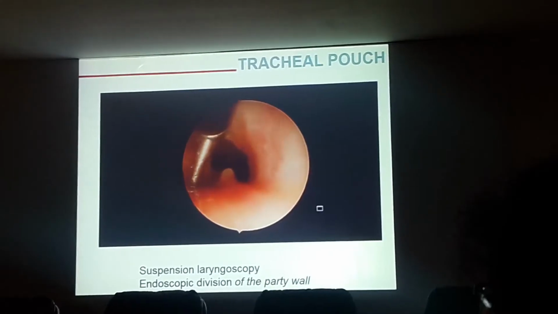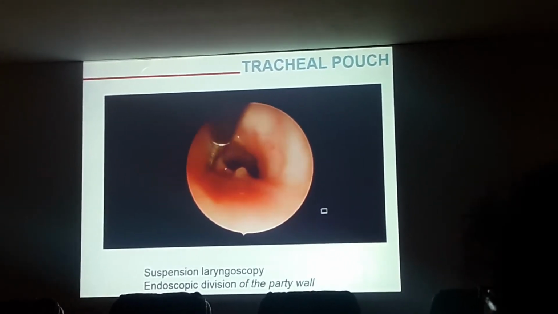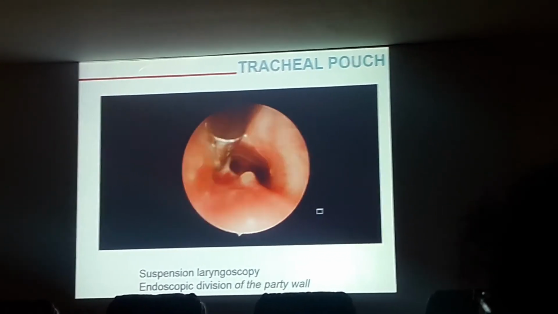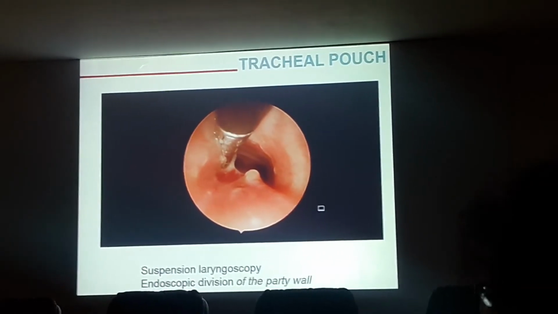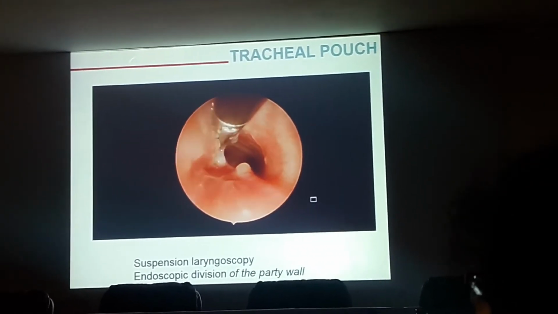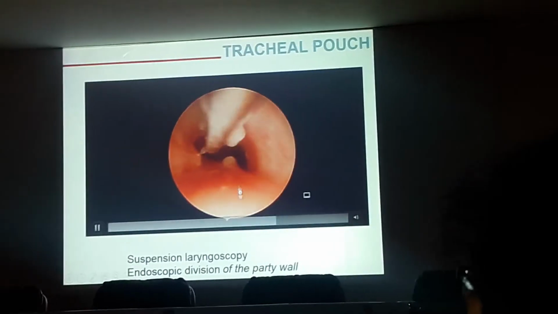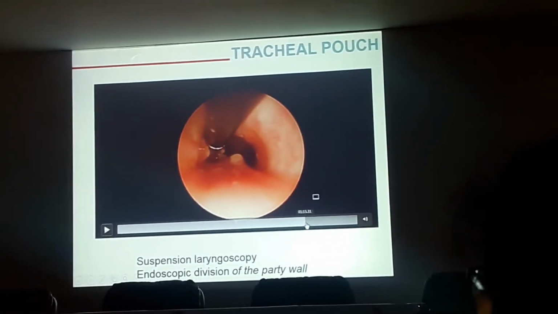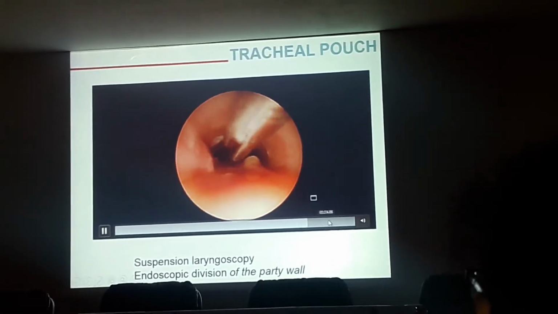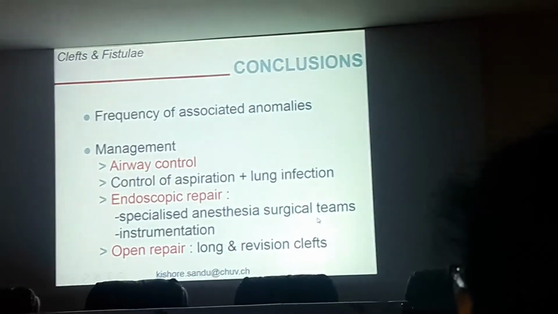So you go down and you cut endoscopically the party wall between the pouch and the trachea, allowing the pouch to be a part of the airway. And the child in fact did pretty well after this particular surgery.